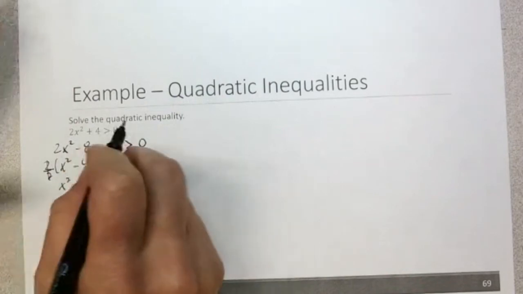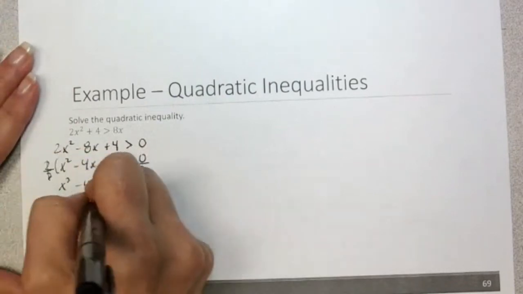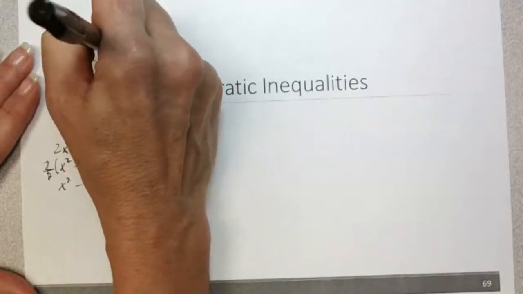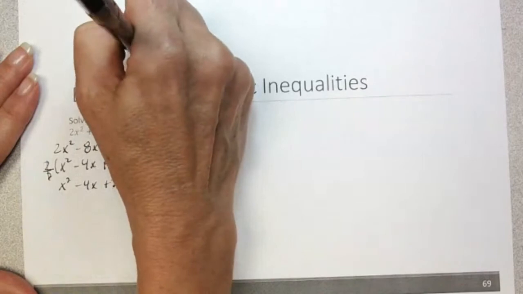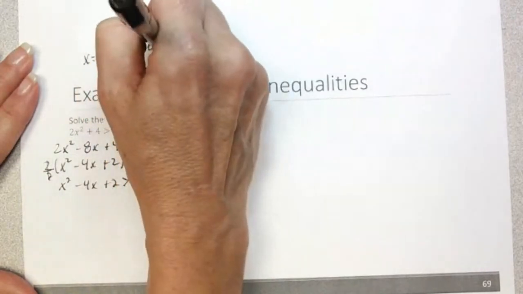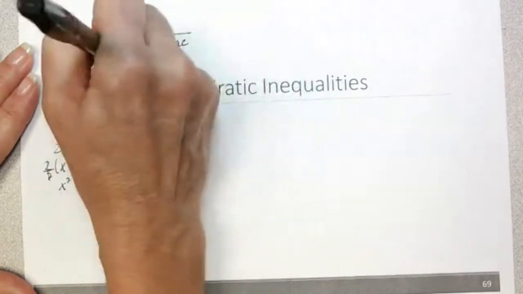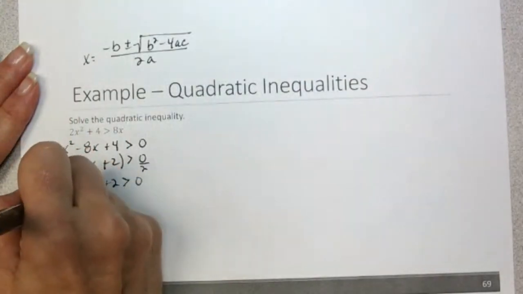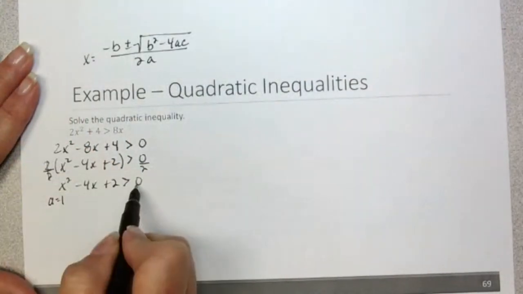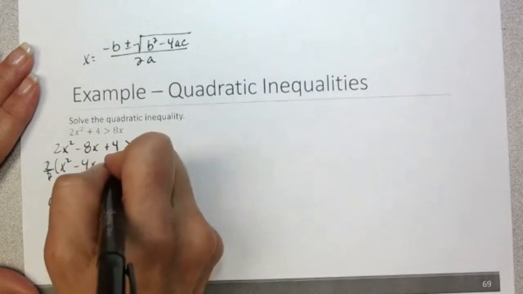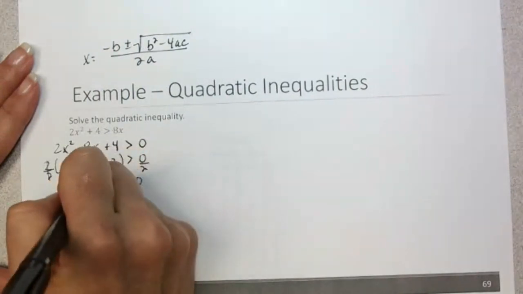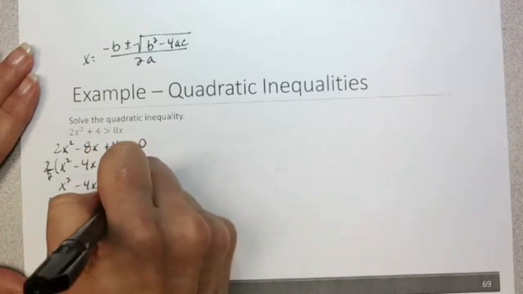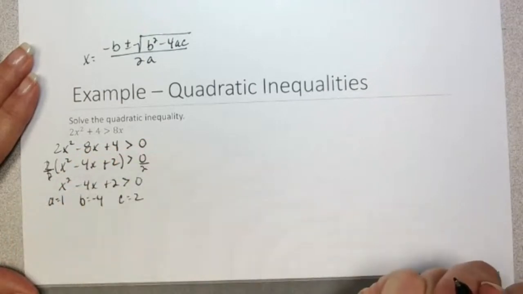This will not factor, so I'm going to use the quadratic formula here. Let's put it up here. x equals negative b plus or minus the square root of b squared minus 4ac all over 2a, okay? And on our quadratic inequality here, a is 1, b is negative 4, and c is 2.